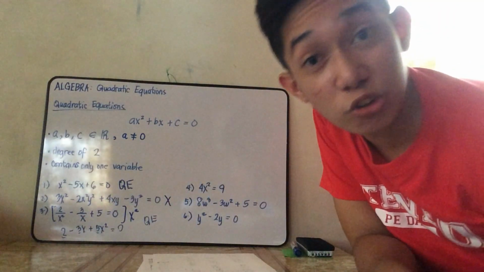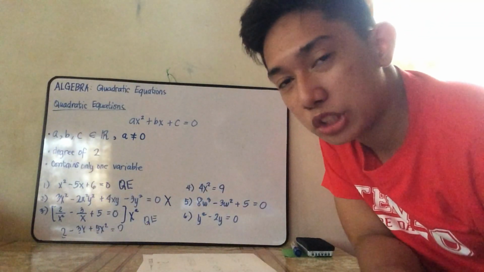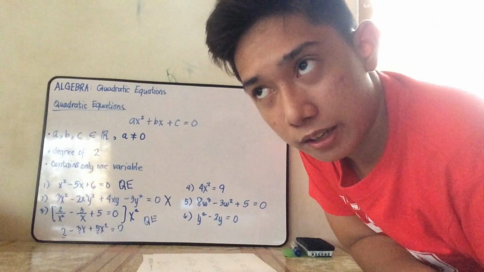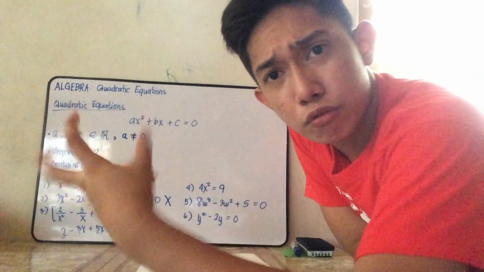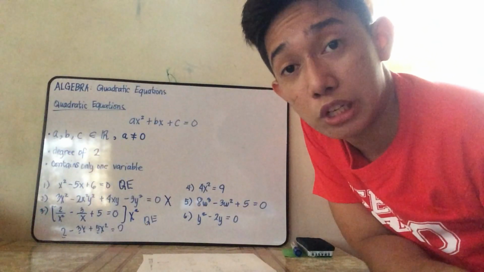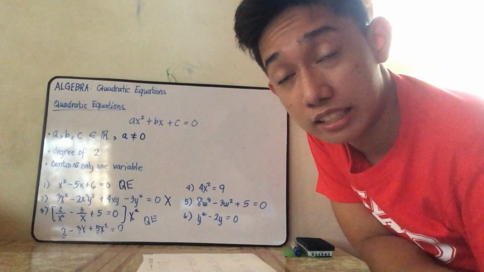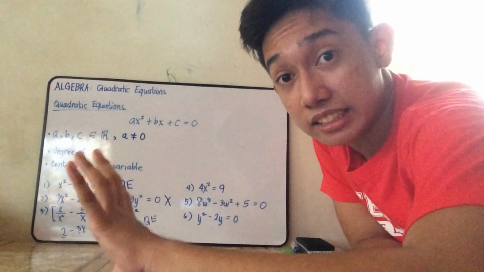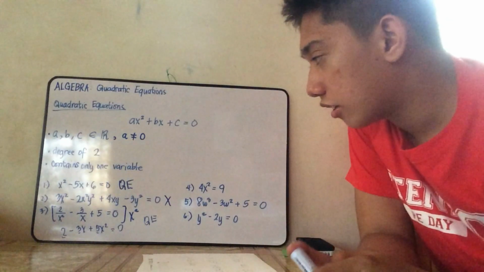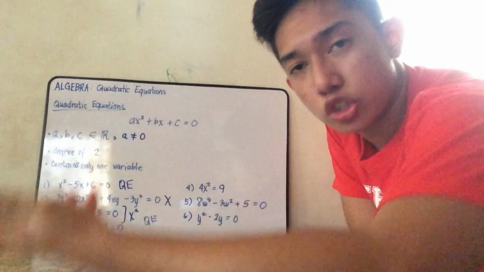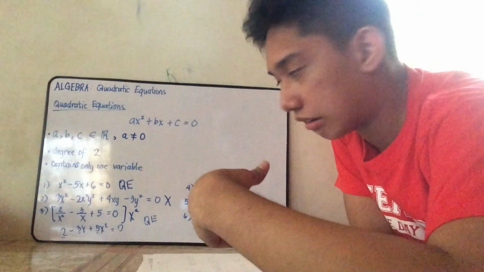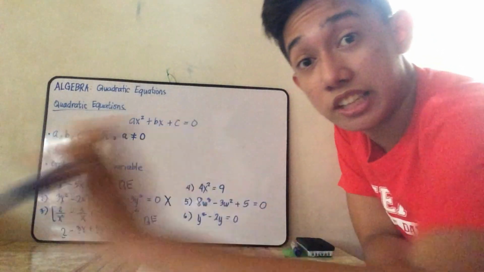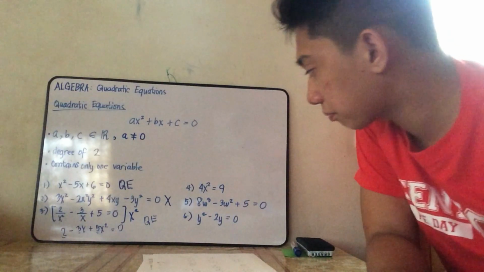Nagulat kayo, no? Kahit iba yung form niya, pwede natin i-manipulate. We will use algebraic manipulation para malaman natin na quadratic ang isang equation. You can use cancellation, depende kung anong process ang gamitin, as long as dapat ang final answer niya is quadratic equation.